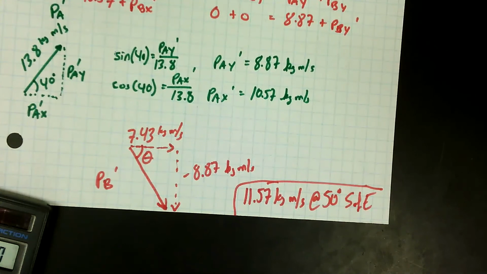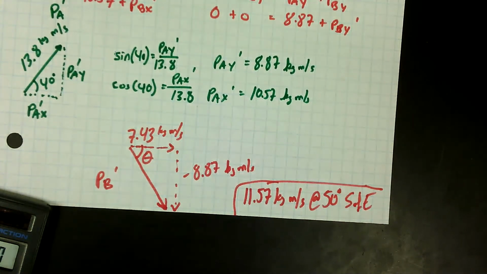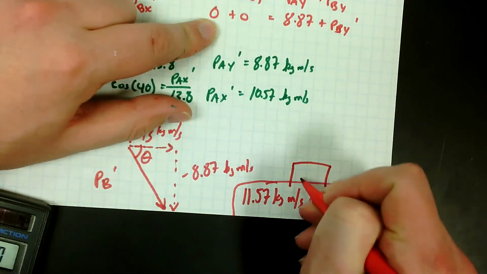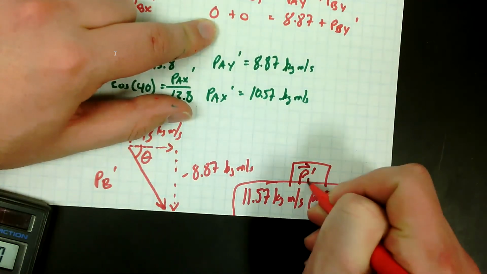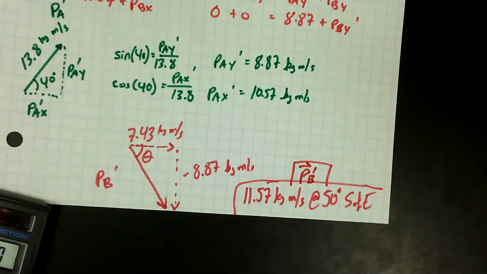And what I did to do this was inverse tangent, right? Opposite over adjacent. So to be clear, that is your P prime B vector.